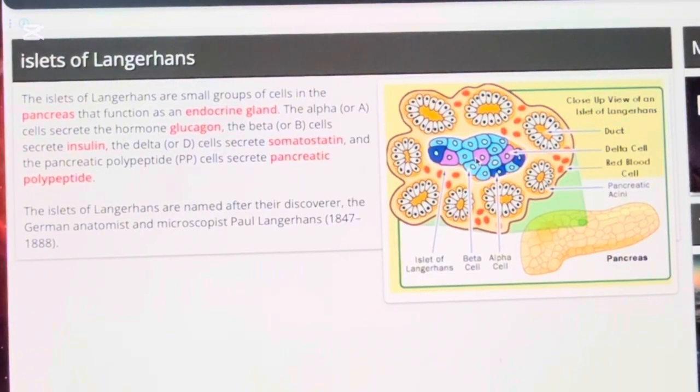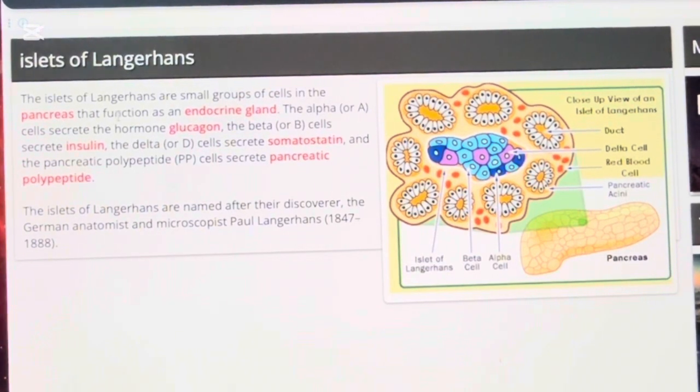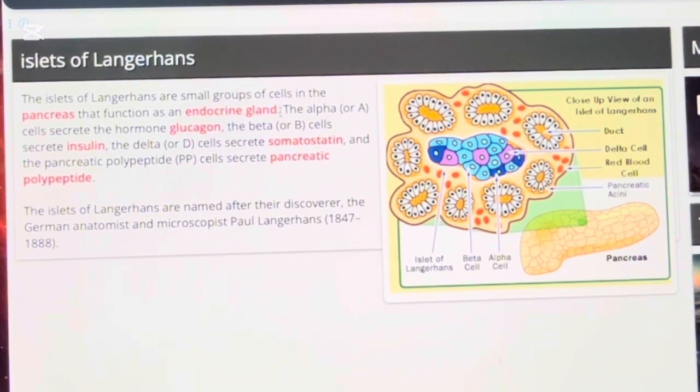These are made up of delta cells, beta cells and alpha cells, and these cells are responsible for the production of hormones. So the islets of Langerhans are a small group of cells found in the pancreas that function as an endocrine gland, meaning they are ductless.